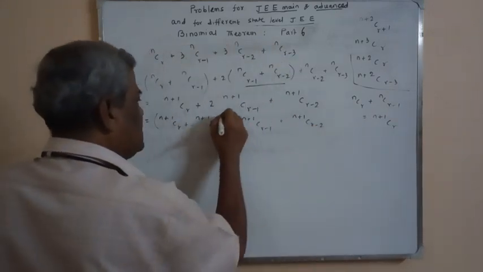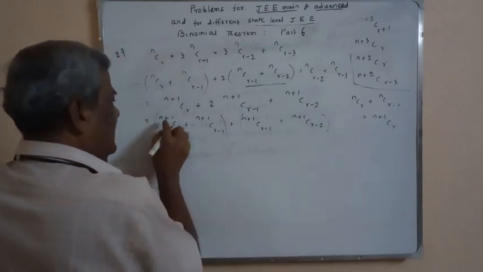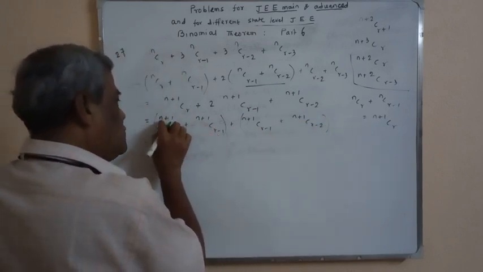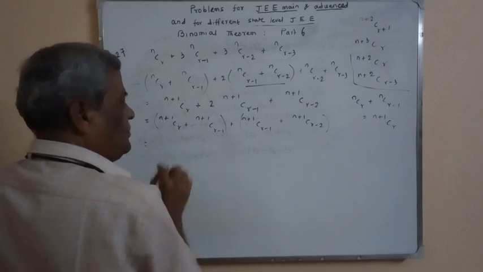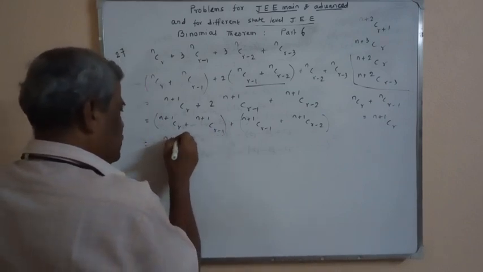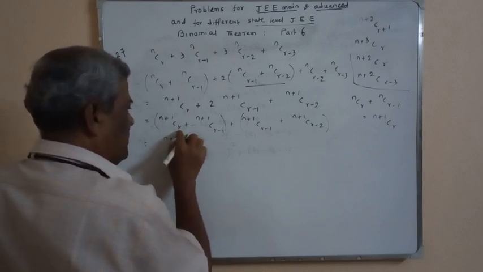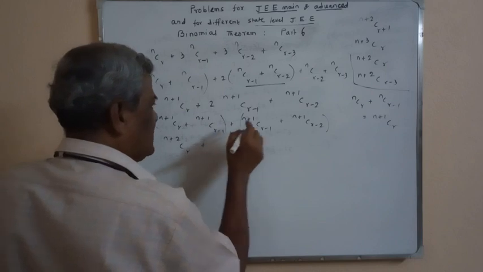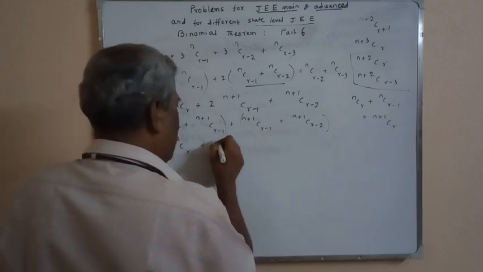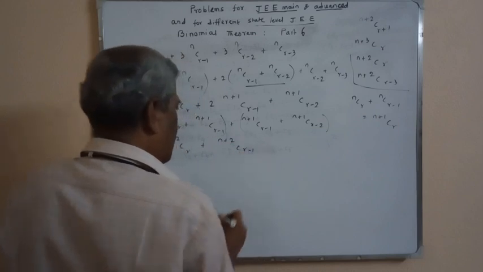Now combine this with that and this with that. These two are the same, and they are consecutive. So its value is (n plus 2)Cr, because r is higher between this and that, plus by the same reason (n plus 2)C(r minus 1).